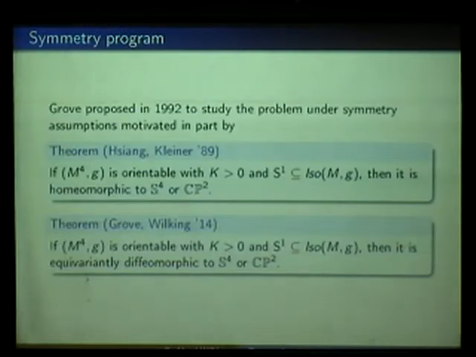And so the whole talk fits into the so-called symmetry program, which was proposed by Grove in '92. And he was motivated in part by a theorem of Hsiang-Kleiner. So if you have a 4-manifold with positive sectional curvature and you assume in addition that the isometry group is infinite, so you have an S^1 in the isometry group, then you actually can say it's homeomorphic to S^4 or CP^2, right?